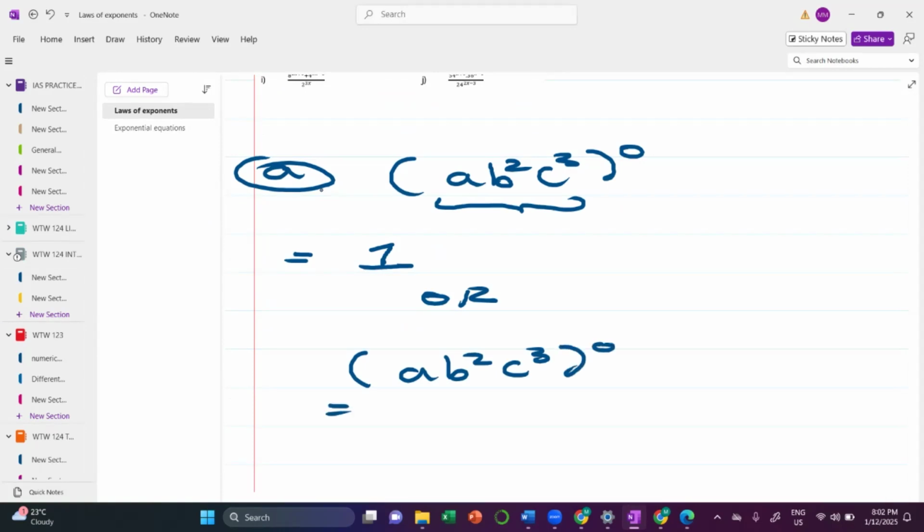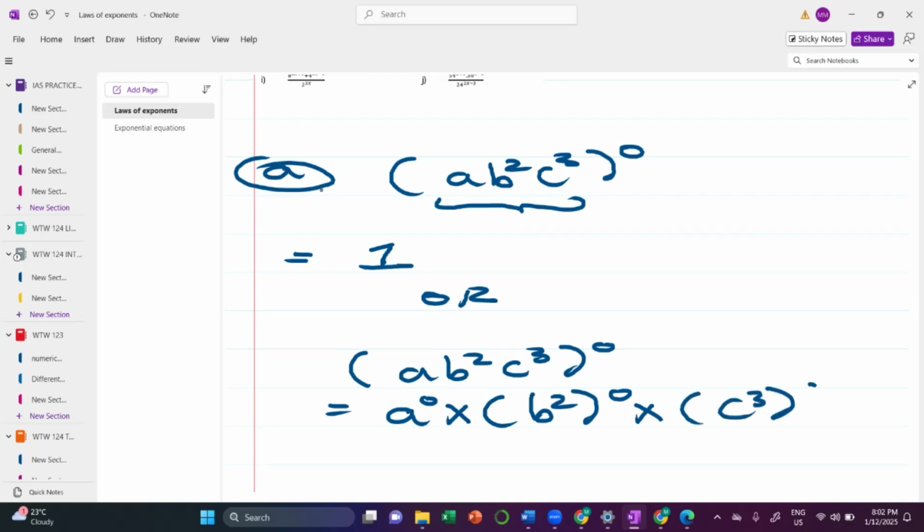We are multiplying all of these, so we give each the same exponent. We are going to have A to the exponent of 0 multiplied by B squared to the exponent of 0 times C cubed all to the exponent of 0.